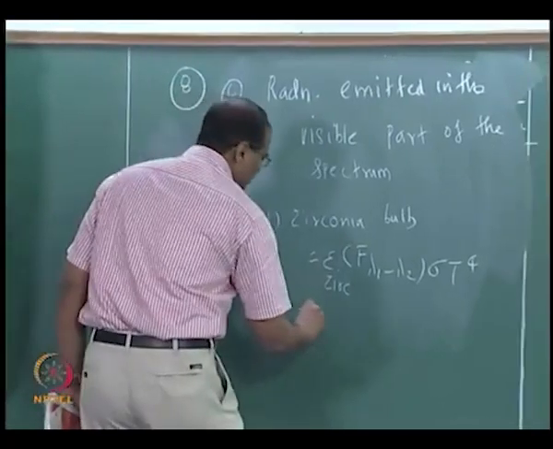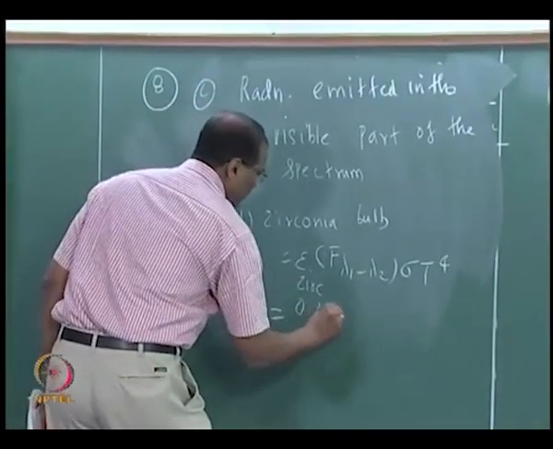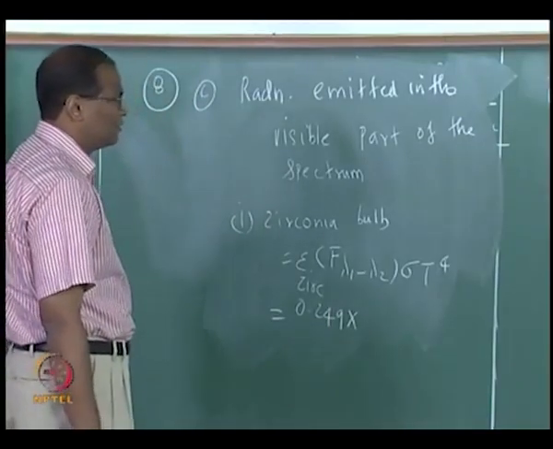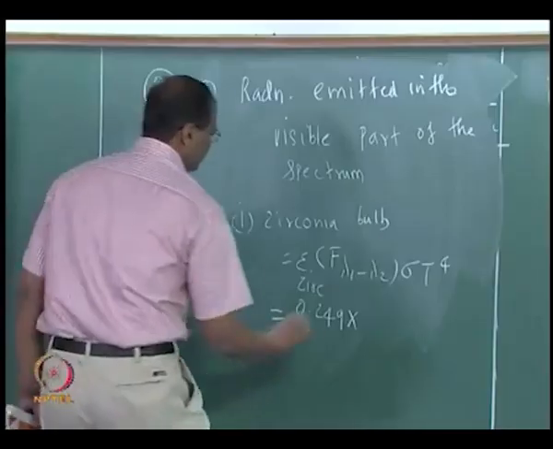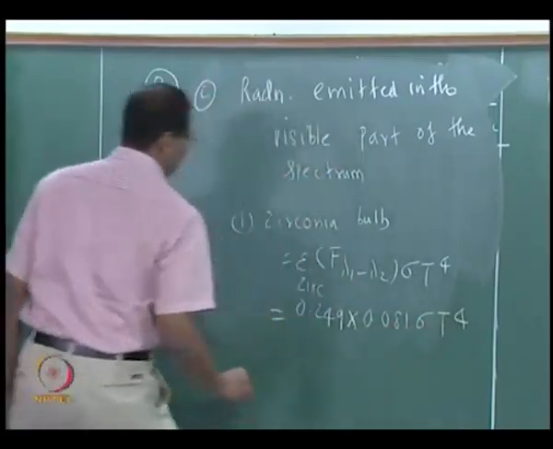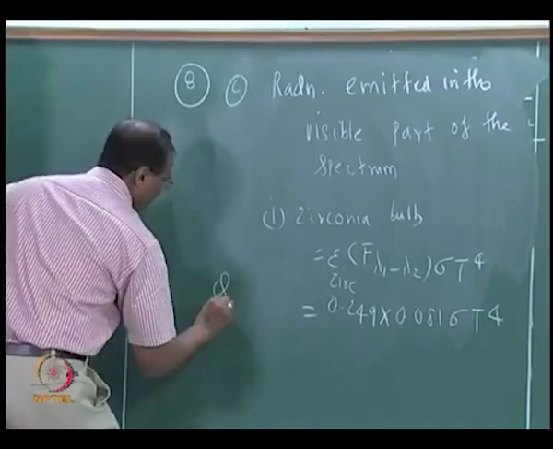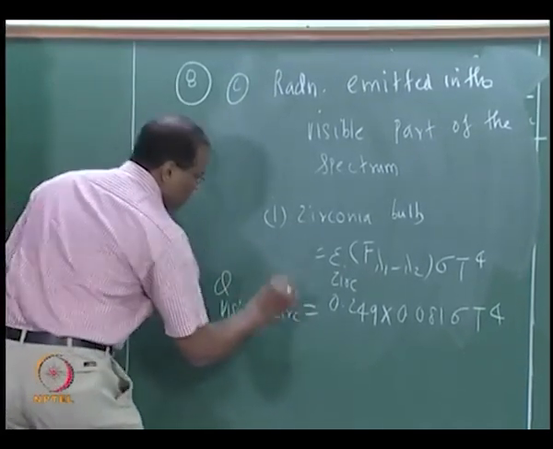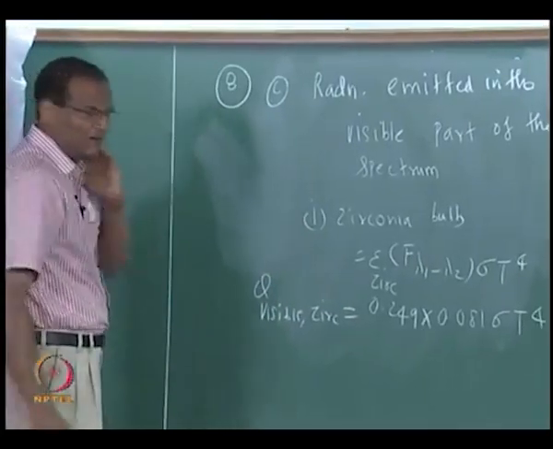So what was this emissivity? 0.249. What was f of lambda 1 to lambda 2? 0.081. Okay. So Q visible zirc.